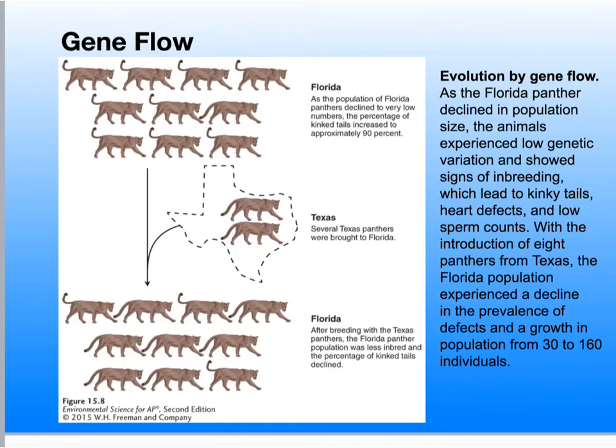But several of these panthers were moved from Texas and brought to Florida, and after they interbred with the other Floridian panthers, there is now a smaller percentage of panthers that have kinky tails. So now the Florida population has experienced this decline.